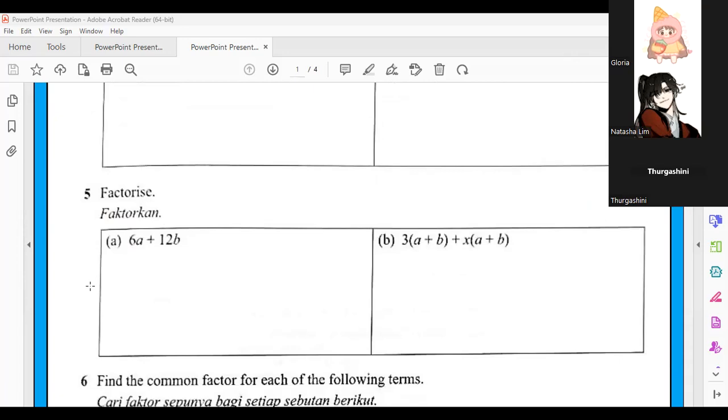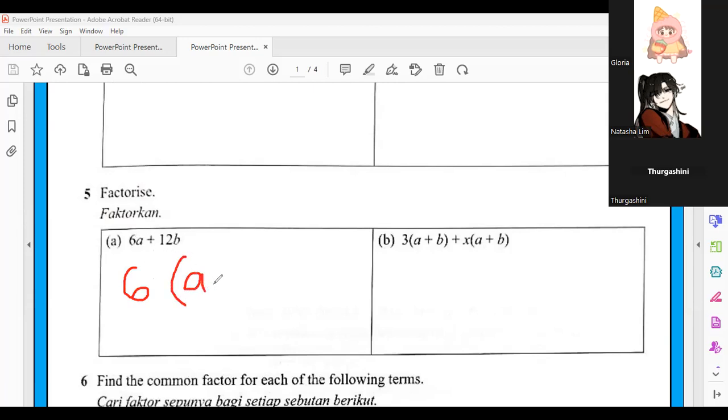Try and see. I give you some time. Try this out and see how to factorize this one. Got no squared, nothing. 6a plus 12b. Let's factorize this. Factorize out a number. For example, I factorize 6 out. And then I take 6 out from the bracket.